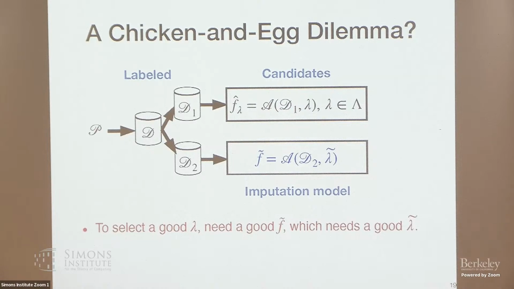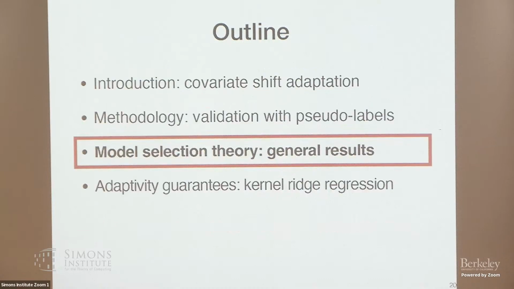So there seems to be a chicken and egg dilemma. To find a good lambda, I need a good lambda tilde. So in order to make this run, we need to understand the interplay between those two, especially the quality of imputation label here.